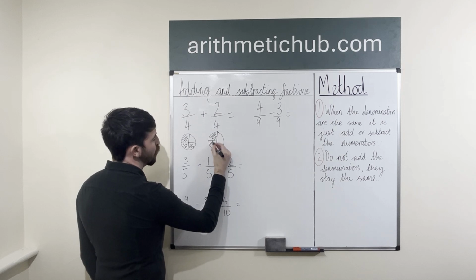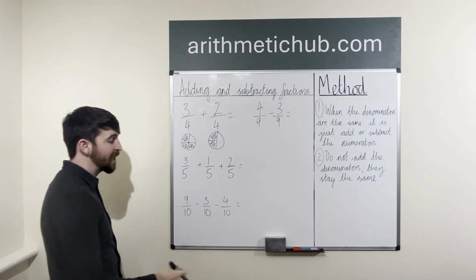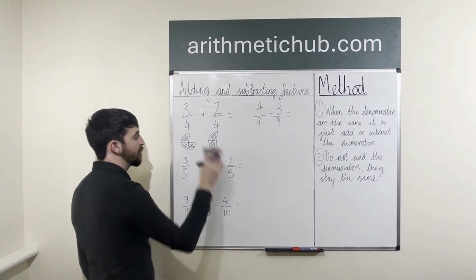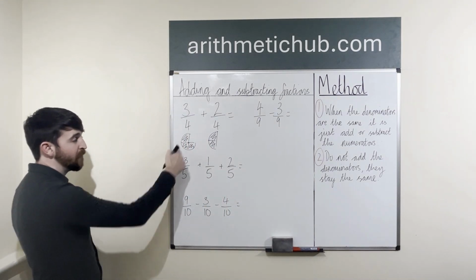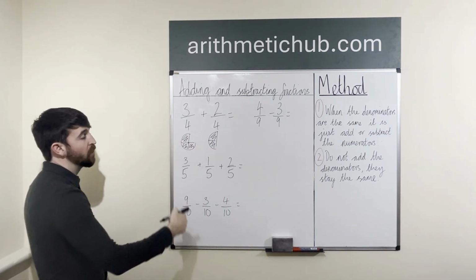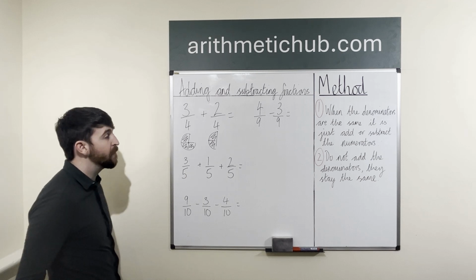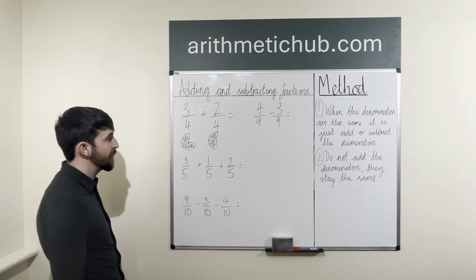How many total quarters do we have? We've got 3 quarters there and 2 quarters there, so in total we would have 5 quarters if we added them all together.